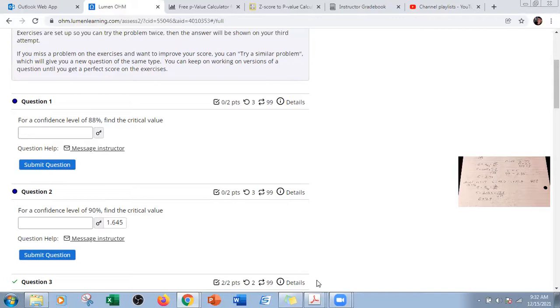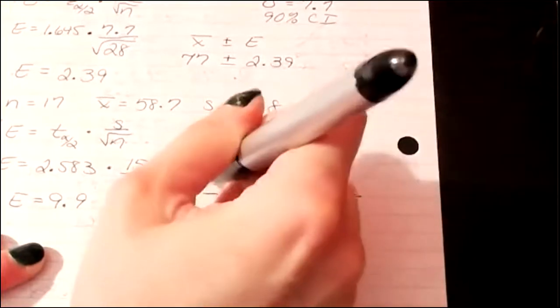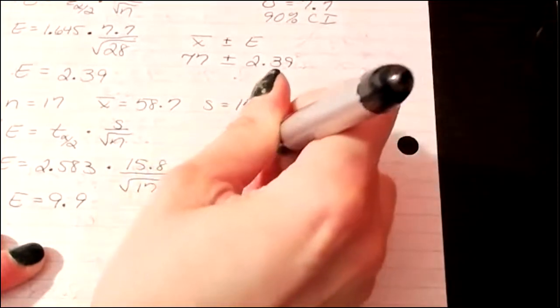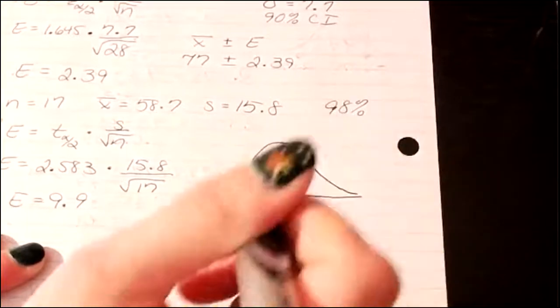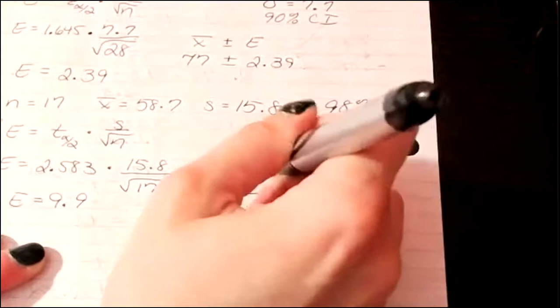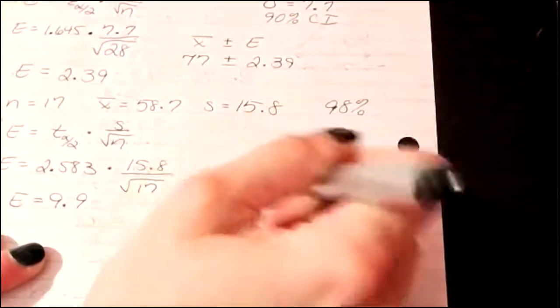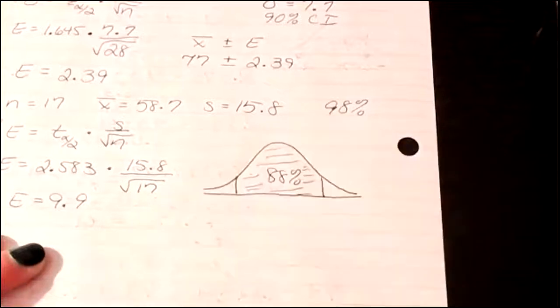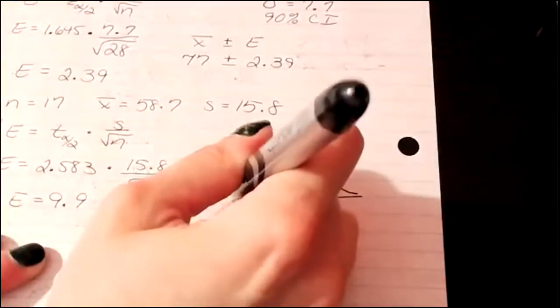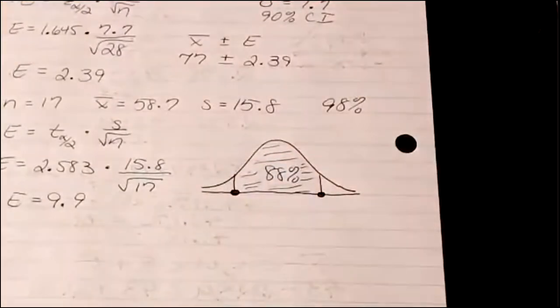Well, let me show you what we would do for number 1. So we want a confidence interval of 88%. That essentially means we want to figure out what the z-score is that pertains to this region of 88%, right? So essentially we want to know what are the z-scores pertaining to this region.